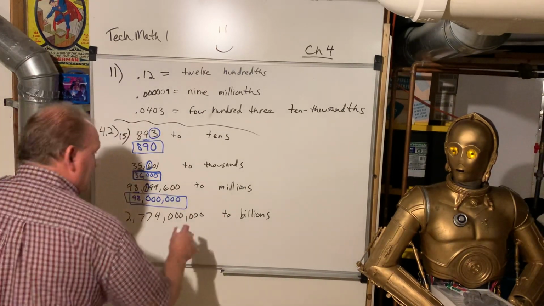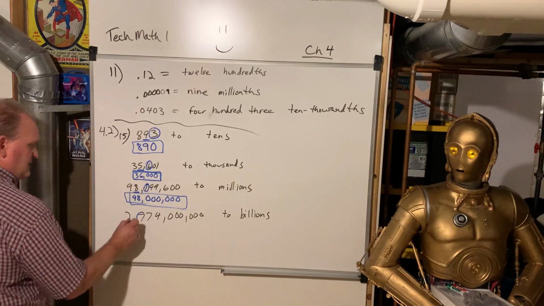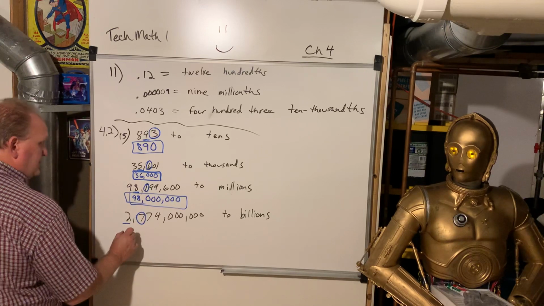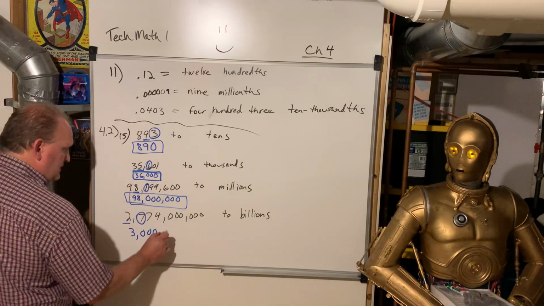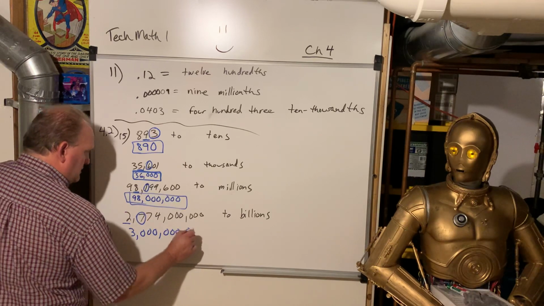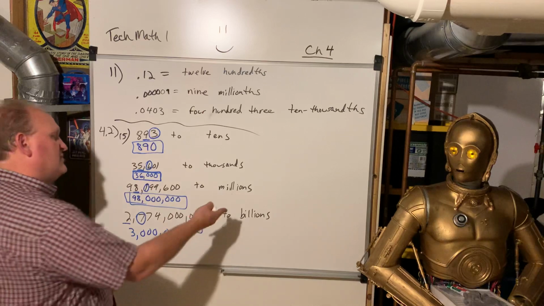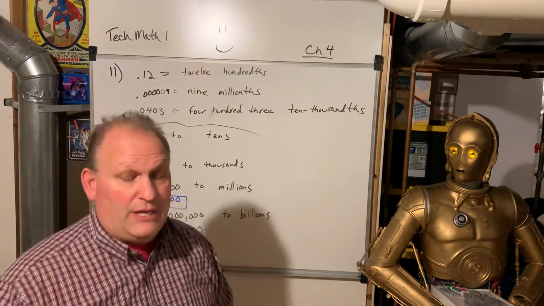And then this last one to billions. So here we are in billions place. We look at 100 millions to determine what to do. And yeah, we would take that up to the next number, and then all of these are zeros. Usually when the numbers are that large, like in the news, they won't say 3 billion.